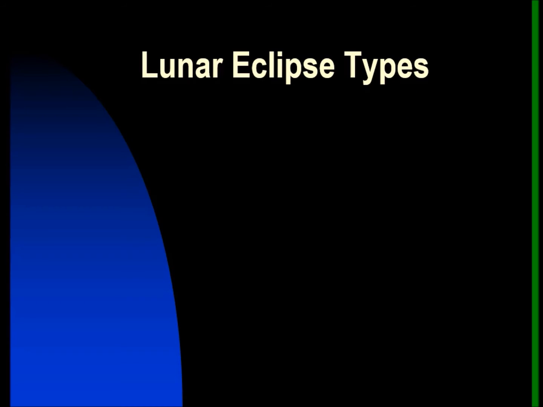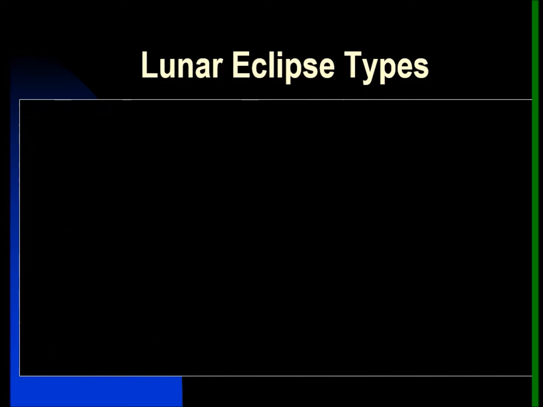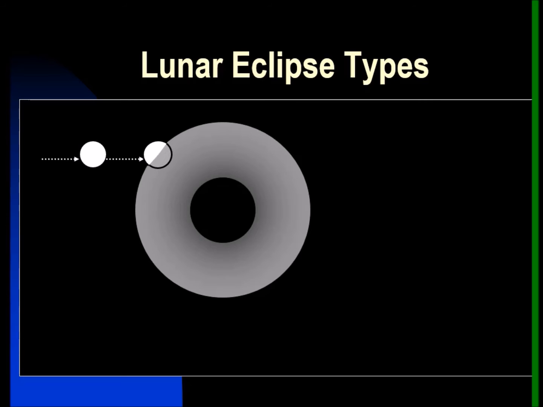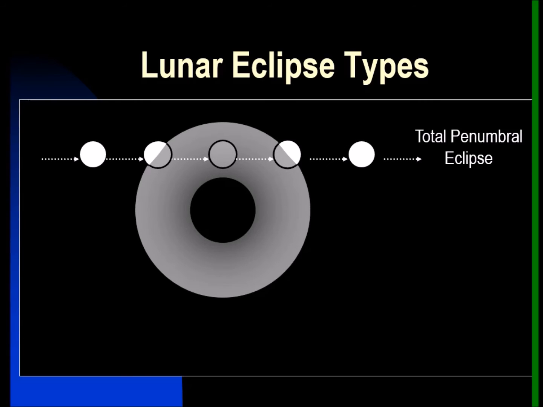Here are some lunar eclipse types, and this will be probably the end of our discussion today. You have the moon passing through the penumbra shadow of the Earth, so it's a penumbral eclipse.